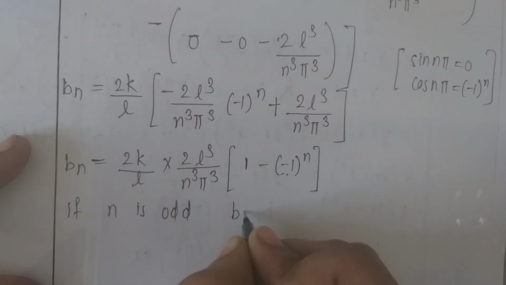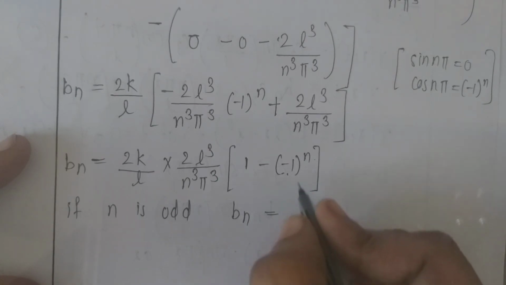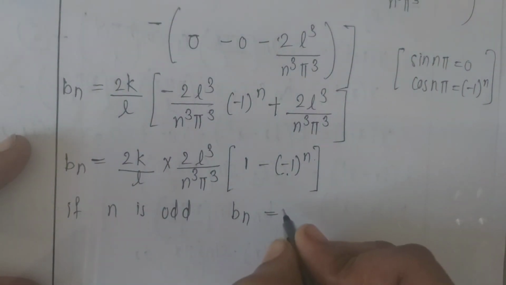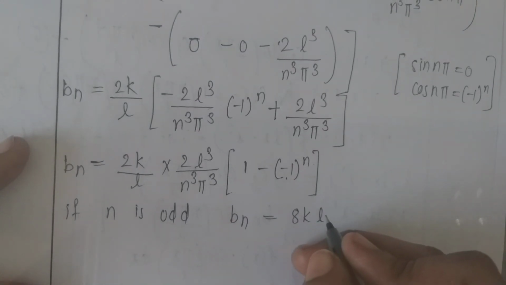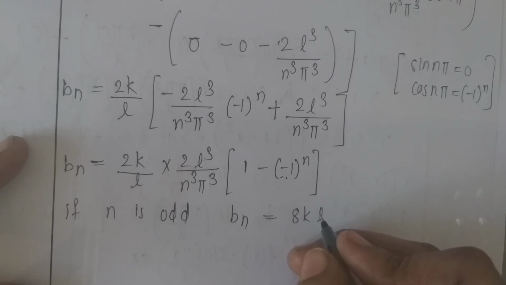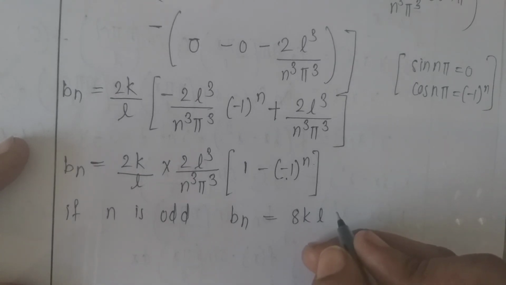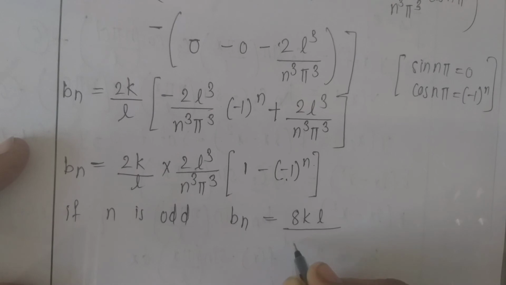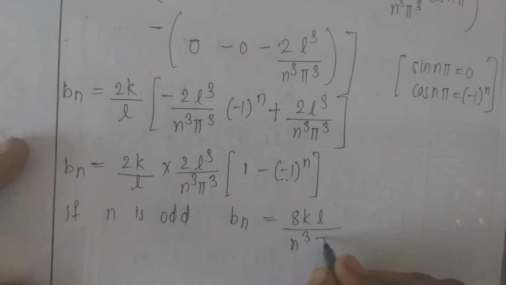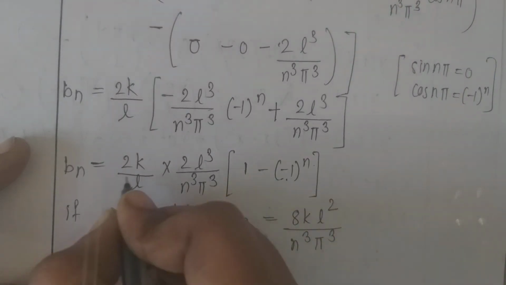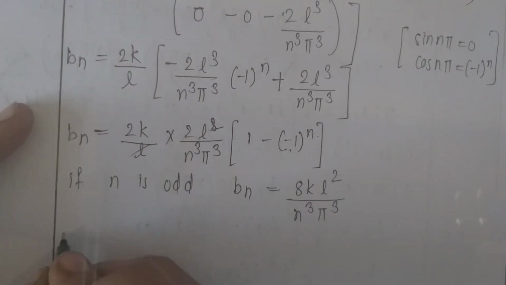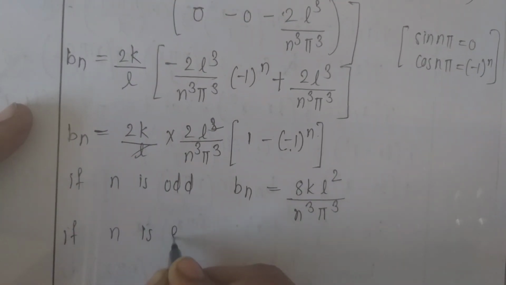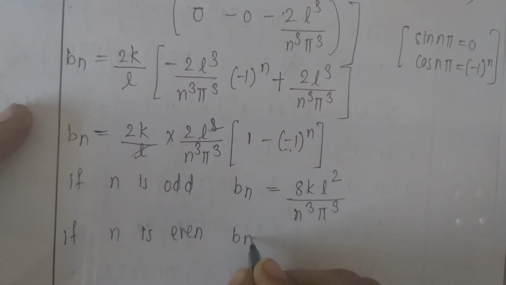So the Bn value we obtained for n odd is equal to 2 multiplied by 2 into 2, which is 8k L square divided by n cube pi cube. One L will get cancelled with this, giving 8k L square over n cube pi cube. And if n is even, then the Bn value becomes 0.